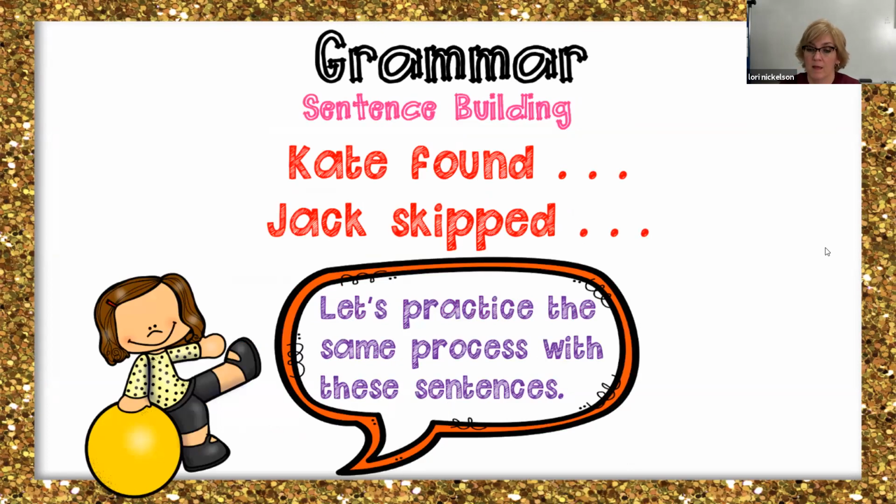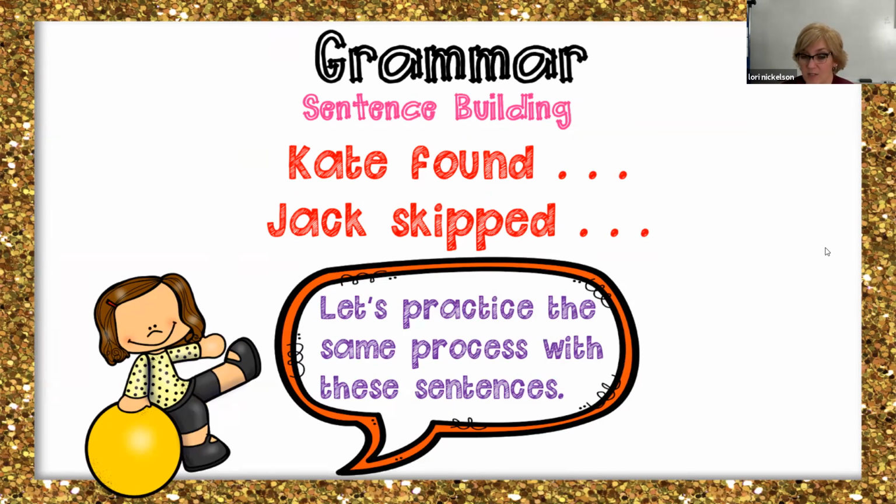So here's two more sentence frames. Kate found and Jack skipped. All right. So on this, I want you to practice this process with these sentences. I want you to practice these on your whiteboards. Kate found. What did she find? Okay.